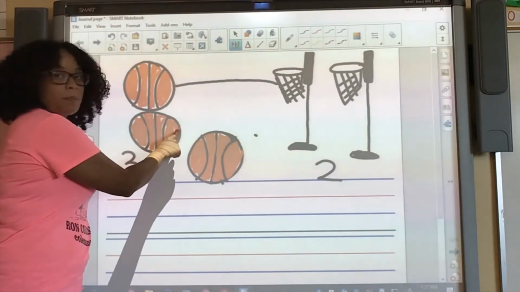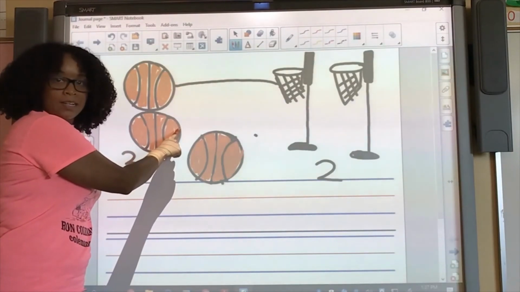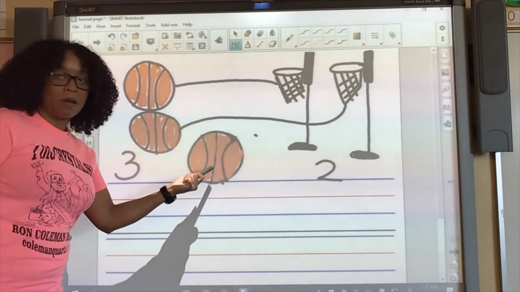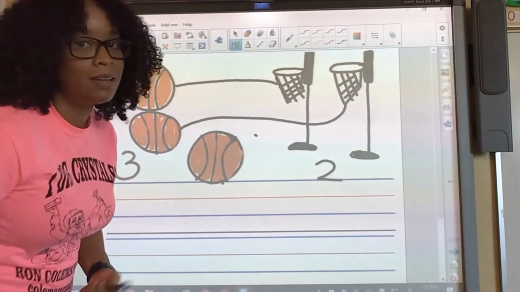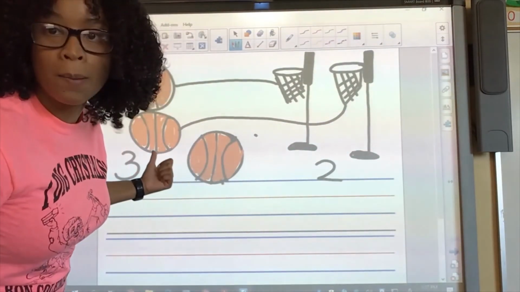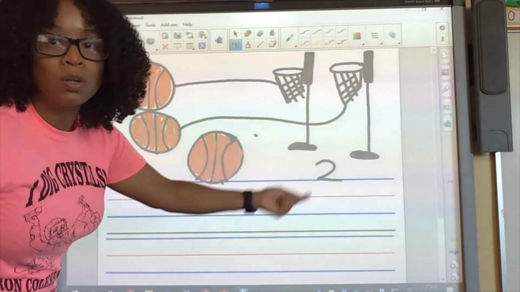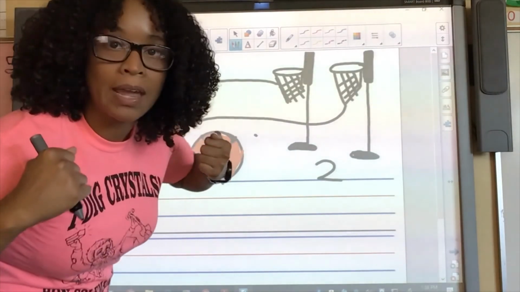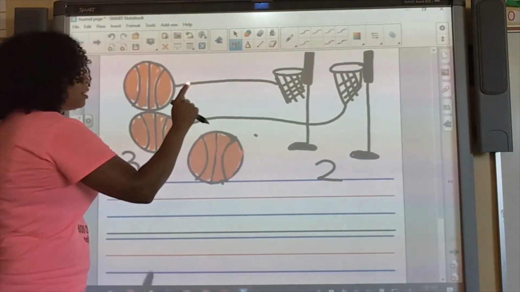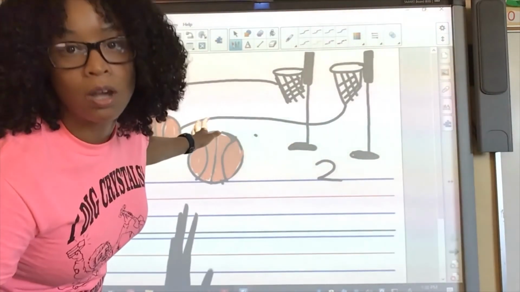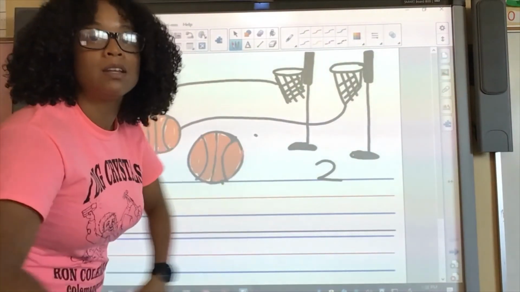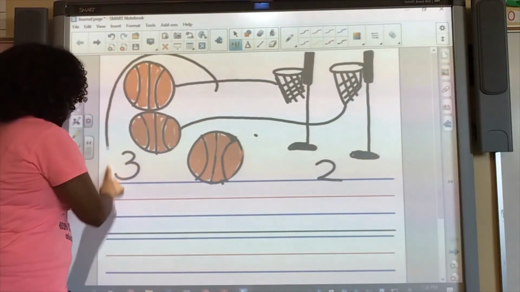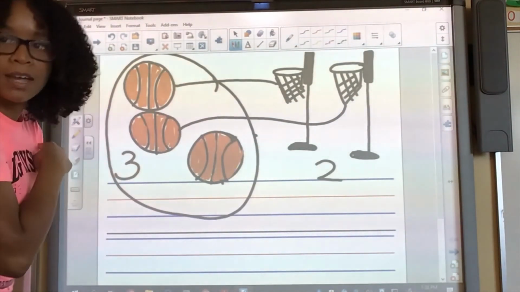Here's our next basketball. Does it have a partner I could connect to? Yep, right here. Does this basketball have a partner? It does not. So we know that there are more basketballs than there are hoops. So the basketball group is greater than, it's more than the hoop group. So let's circle our basketballs and our number 3 because those are greater than.